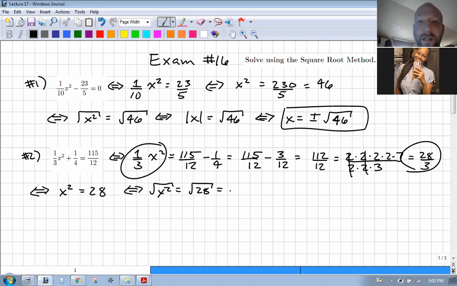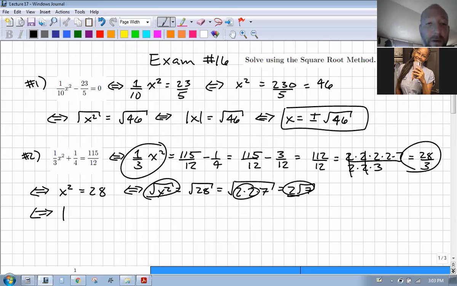And we'll simplify this. 28 is 2 times 14, which is 2 times 7. So we can pull these out. So this is equal to this. We have absolute value of x is 2 root 7, or x equals plus or minus 2 root 7.